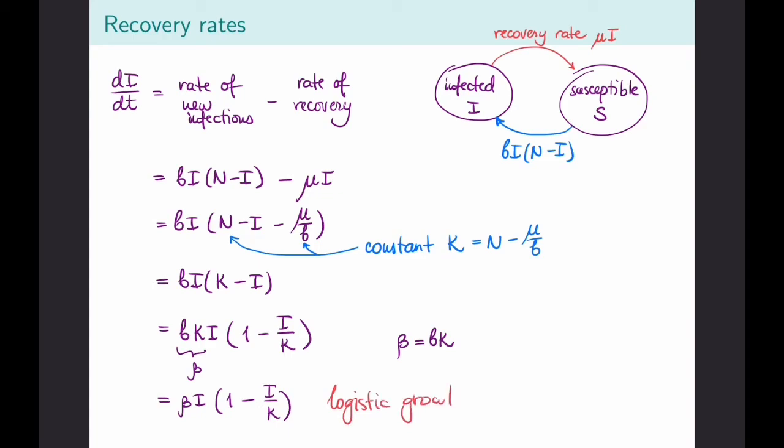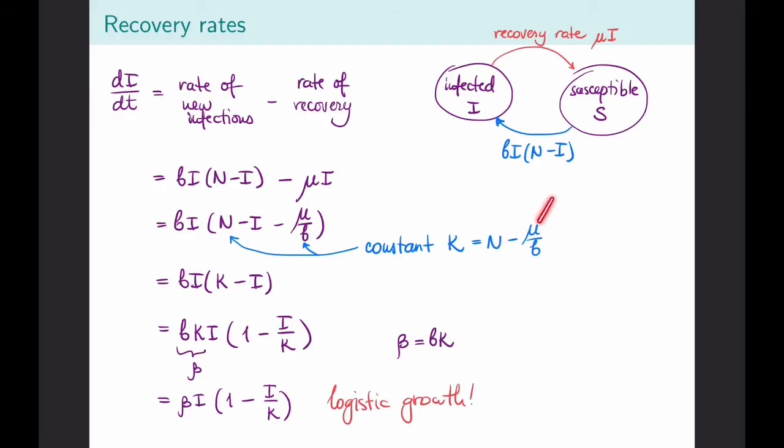So notice that, in fact, making my model more complex by introducing the idea of recovery rate did change the model and changed my constants throughout, but it didn't affect the fact that this is still a logistic growth. What it did affect quite noticeably between the last case and this one is that in the last case, my carrying capacity was N, the entire population, and in this case, my carrying capacity is k, this new constant I've introduced here, which is N, the entire population, minus a number.